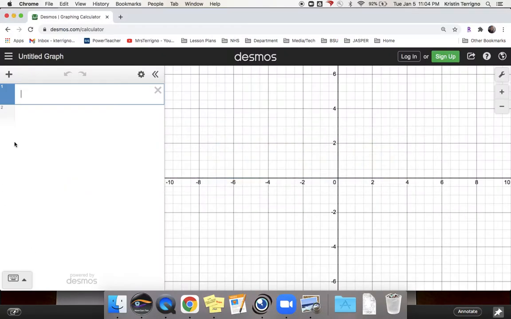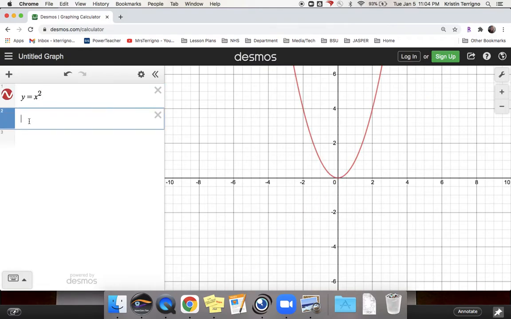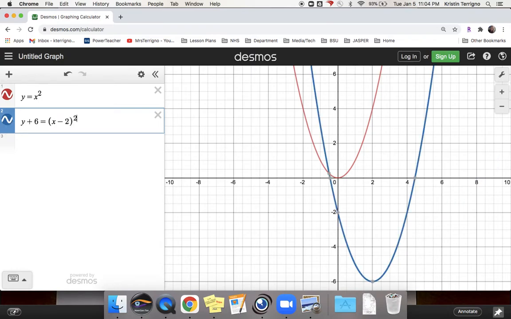Are we ready? There we go. Okay, so I'm looking back at example 1 now. And I'm going to graph the original y equals x squared. And then I'm going to graph the new function that we came up with, which was y plus 6 equals x minus 2 squared.